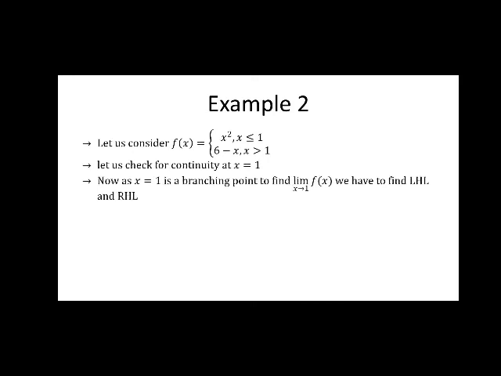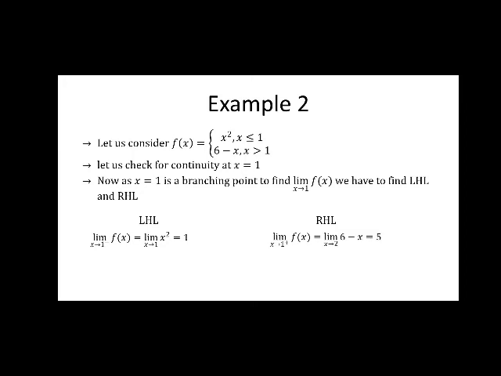Next, example 2, that is this function. Obviously the branching point is x equals 1, so we have to check at x equals 1. As it is a branching point, I need to check both the left hand limit and the right hand limit. In the left hand limit, you just do your calculation and you will see that the limit value is 1.